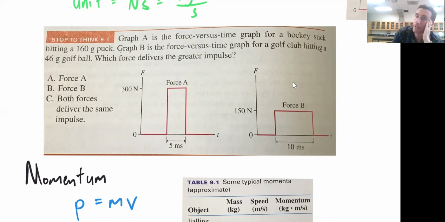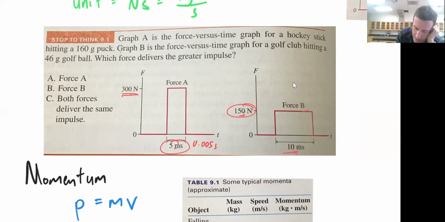Okay, so remember, impulse is force times time, or average force times time. So in this case, it's 300 times 5 milliseconds. That'd be 1/1000ths of seconds, so that'd be 0.005 seconds. Force B is 150 times 10 milliseconds. Well, 10 is twice 5, and 150 is half of 300.